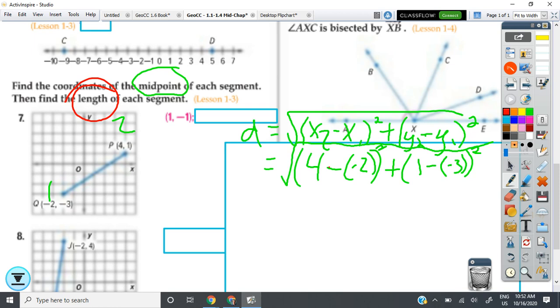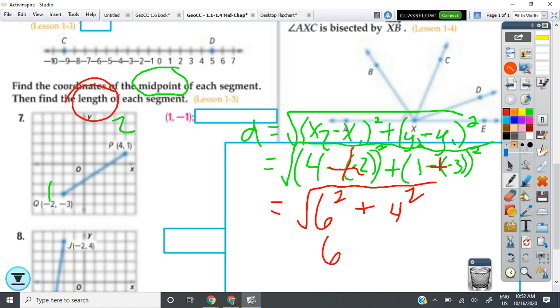Okay, 4 plus 2. I think you guys were taught to do that. I don't need parentheses around that because it's positive. 1 plus 3 is 4. I don't need to put the parentheses. If you put them, it's not wrong. It's just extra work. Common mistake I see from my beginning algebra students is they say 6 squared, oh, square root, that's going to be 6.